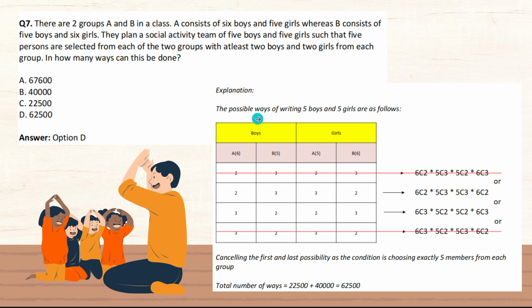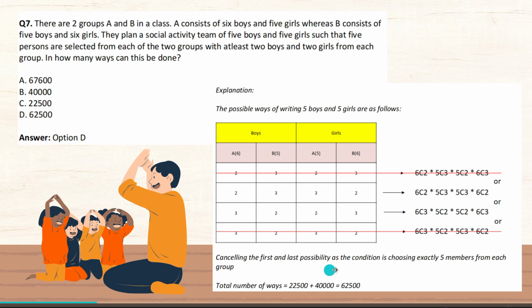What they have asked is the possible ways of selecting 5 boys and 5 girls. Now it is from boys and from girls, and group A and group B. From this, some cases are not considered. Two boys from A and three boys from B satisfy the condition, so only these satisfy it.